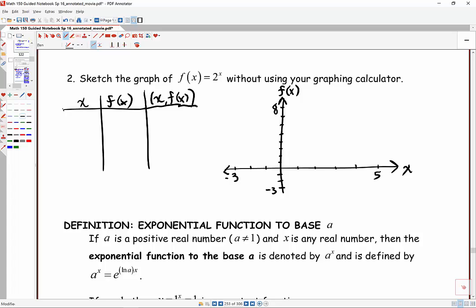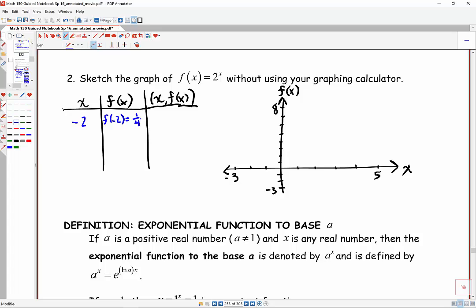Okay, so here we go. If we put in, I don't know, start at x is -2, this would be what? F at -2 is equal to 2 to the -2, which is going to be 1/4. Good.